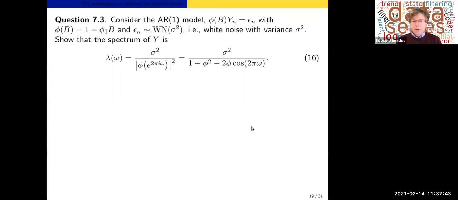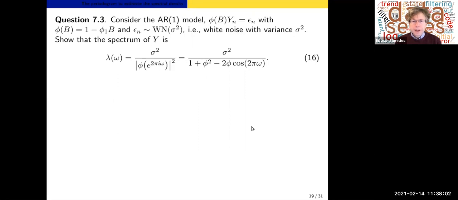Okay, so the spectrum is the Fourier transform of the autocovariance function, and we should at least get a little bit of work out for our math muscles of computing this.